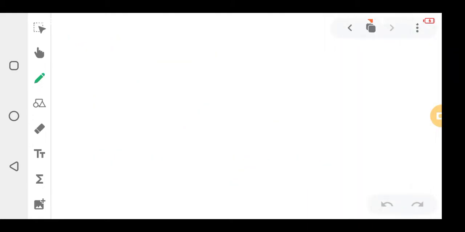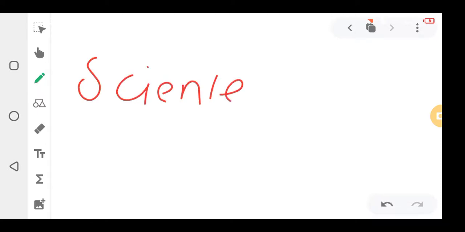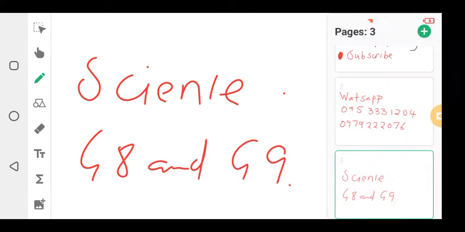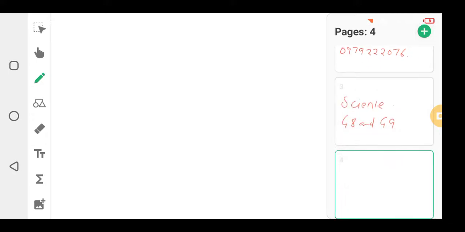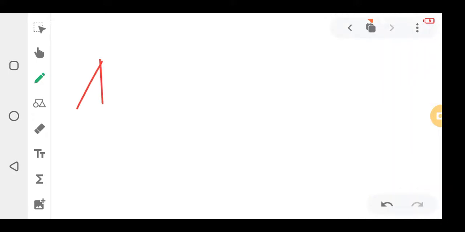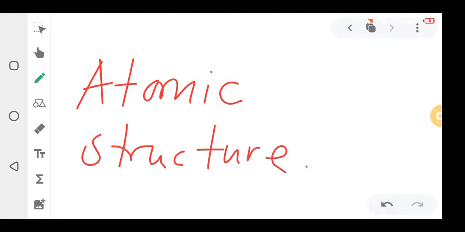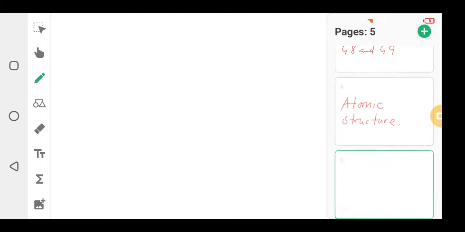Now today we'll be learning a topic in science. This is grade 8 and grade 9. We are learning a topic called atomic structure, where you begin to learn what an atom is and so on.